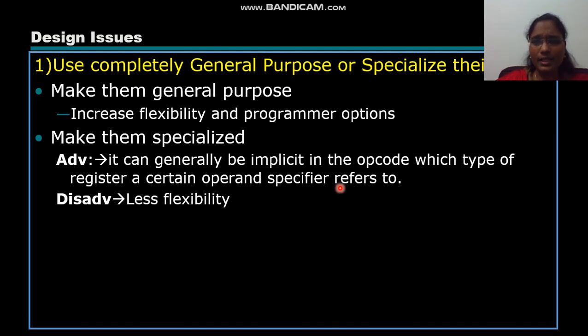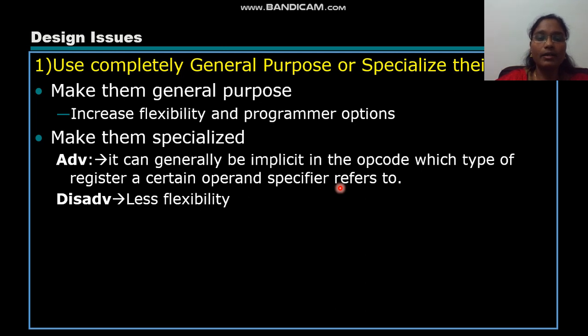So what is the difference? If the general purpose registers are going to be purely general purpose, then it has more flexibility. The programmer has so many options, and can use any register for storing any data or operand, anything.